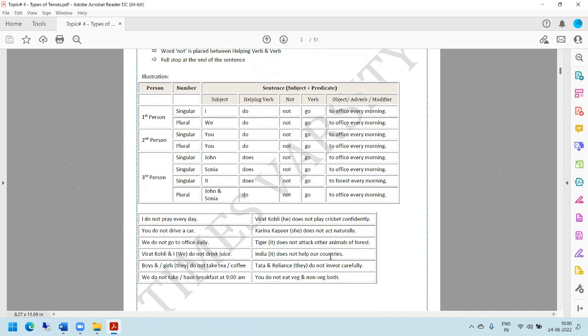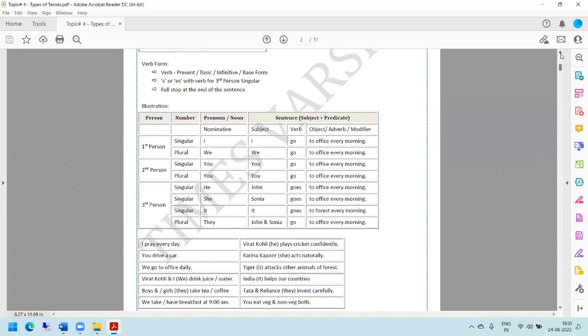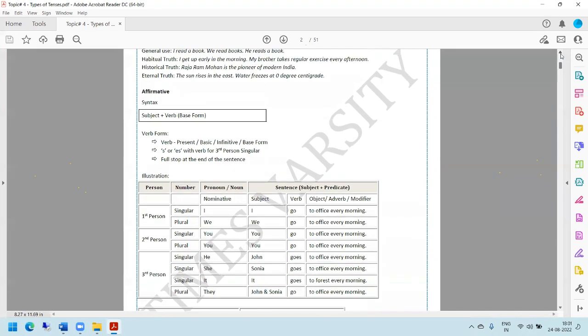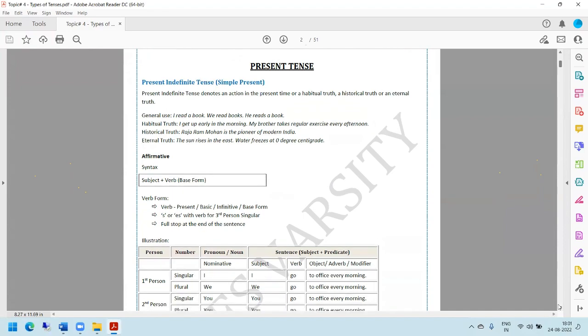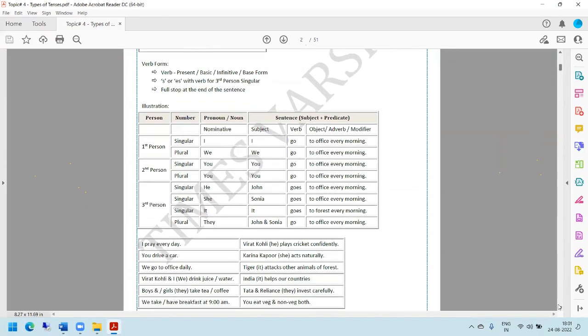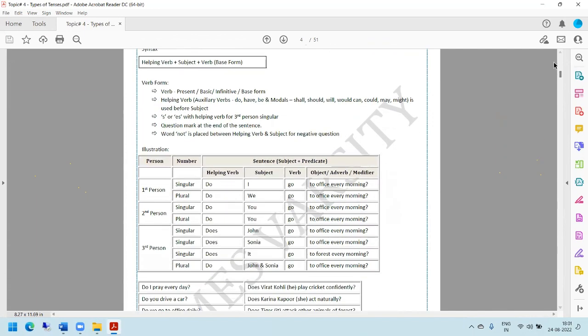"India does not help other countries." "Tata and Reliance do not invest carefully." "You don't eat veg and non-veg." So this is how the present indefinite negative sentence is. We are discussing present indefinite, and this is the negative sentence.